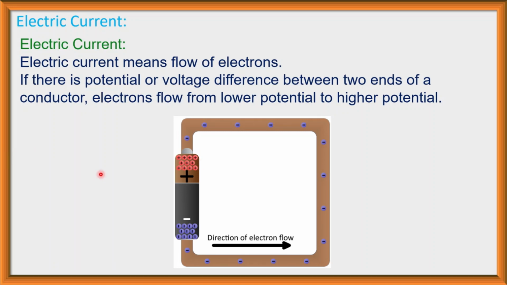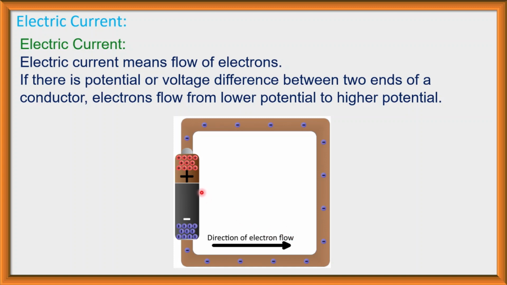So, if we want the continuous flow of electrons, then we need to maintain the potential difference between these two ends. And if there is no potential difference, then there is no flow of electrons. Always electrons flow from lower potential to higher potential.